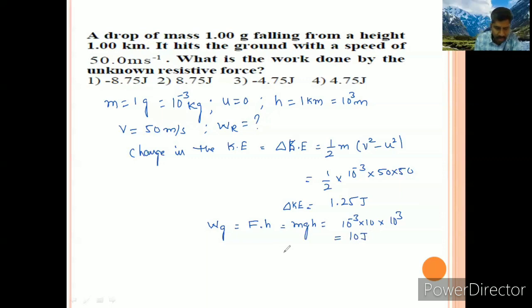Now using the work energy theorem, the change in the kinetic energy is equal to the total work done: the work done by the gravitational force plus the work done by the unknown resistive force, that is WR. I want to calculate WR. So WR is equal to delta KE, the change in the kinetic energy, minus WG.